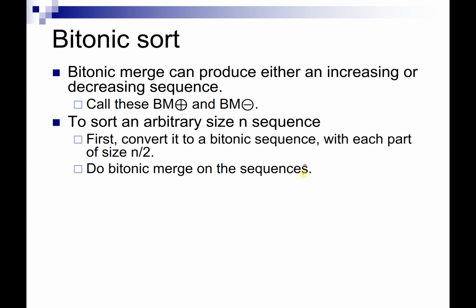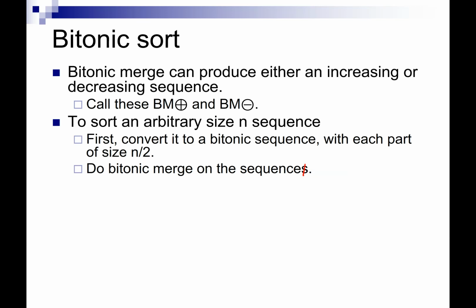So there's just one sequence here. Again, you take your arbitrary sequence, convert it into a bitonic sequence where the increasing part has size n/2 and the decreasing part has size n/2, and now you do a bitonic merge on it. That is going to produce a completely sorted sequence.